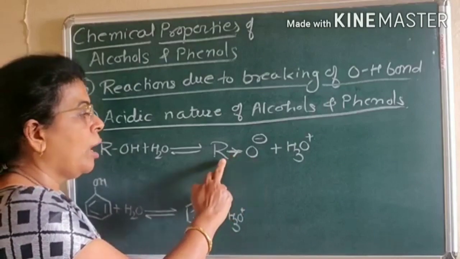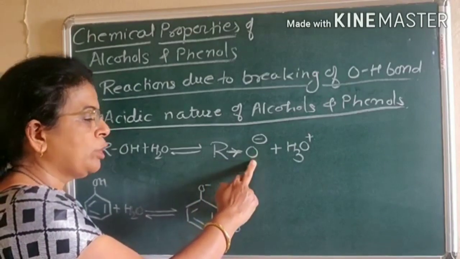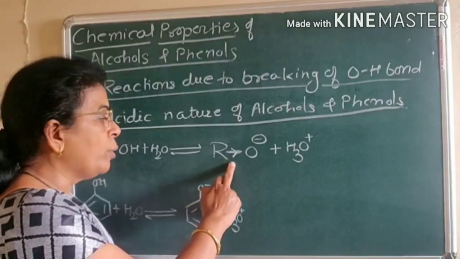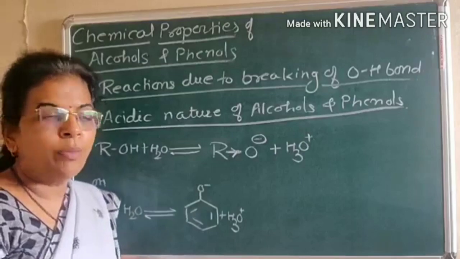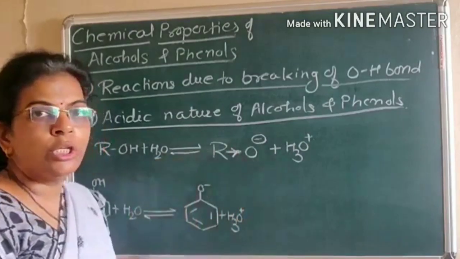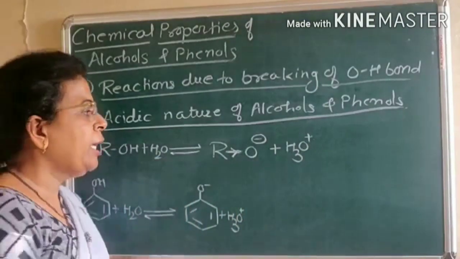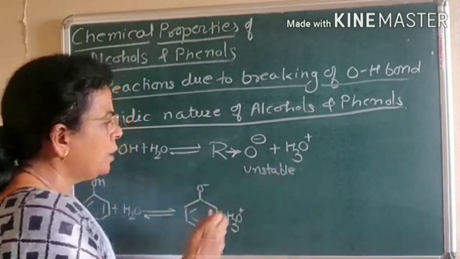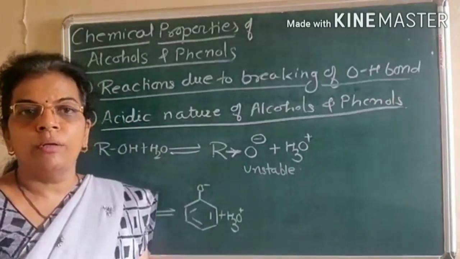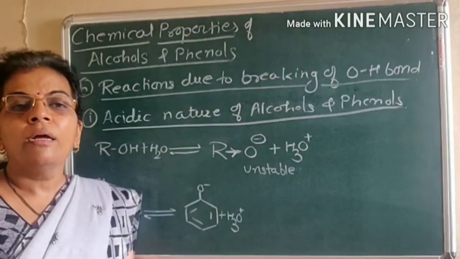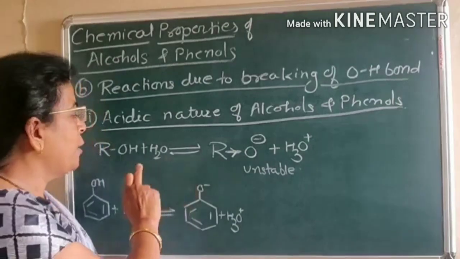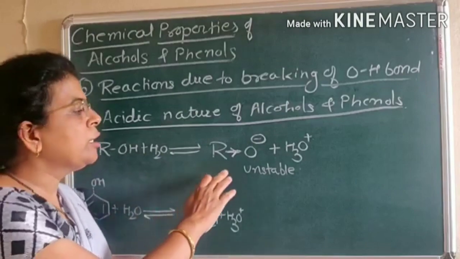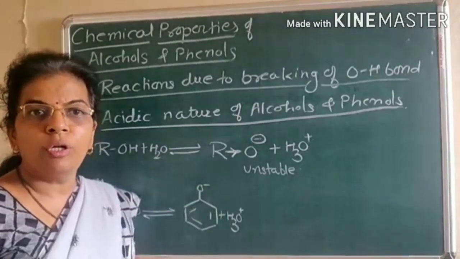The oxygen atom of the alkoxide ion is already electron rich, and when the alkyl group donates electrons to it, its electron density increases and it becomes unstable. Therefore, alcohols are neutral, that is, they do not donate H+ ion, and do not easily undergo ionization in water.